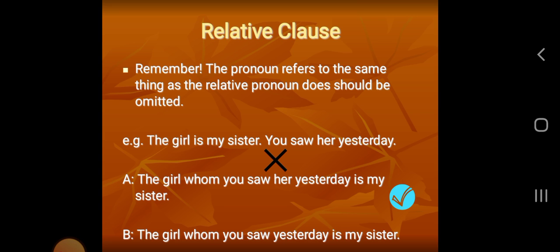You see, the girl whom you saw here yesterday is my sister. It is redundant. Here and my sister indicate one person. Two times about one individual.